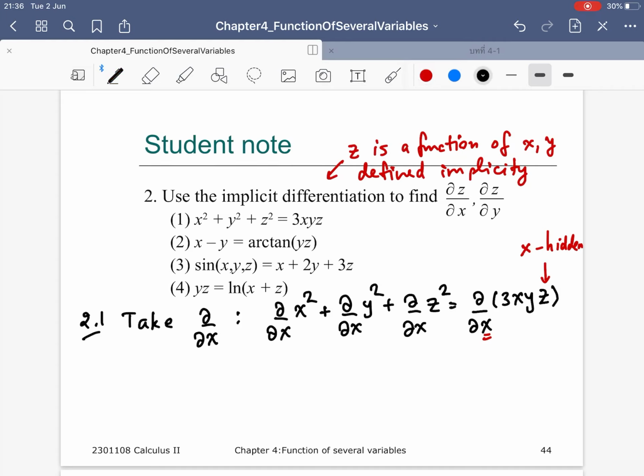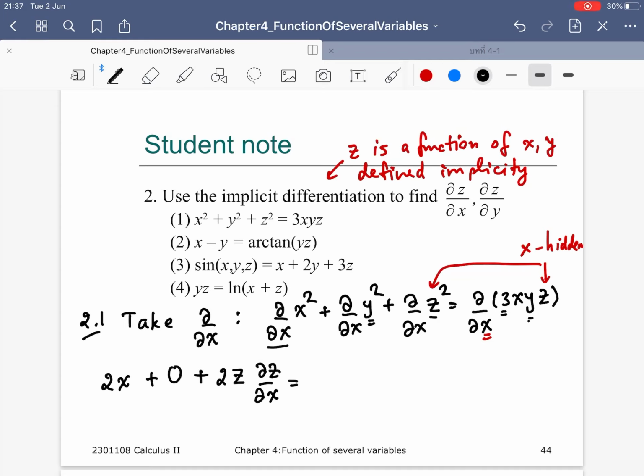So here the first term, I mean the derivative with respect to x, you got 2x, and your y is regarded to be a constant. Your z right here also has x hidden, so you got 2z and then a derivative of the inside with respect to x.